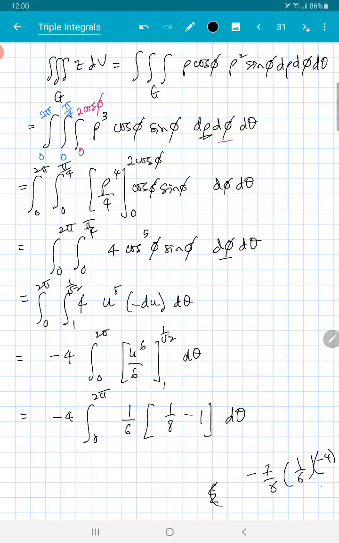That would be 7 over 12. And then we have d theta, 0 to 2 pi.